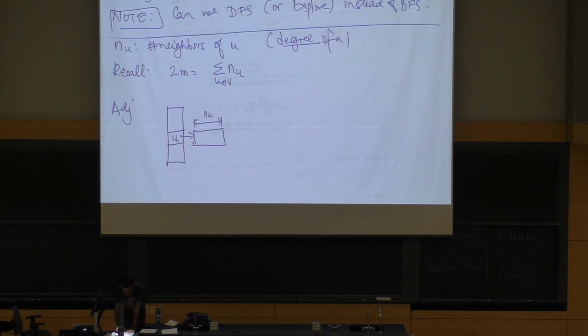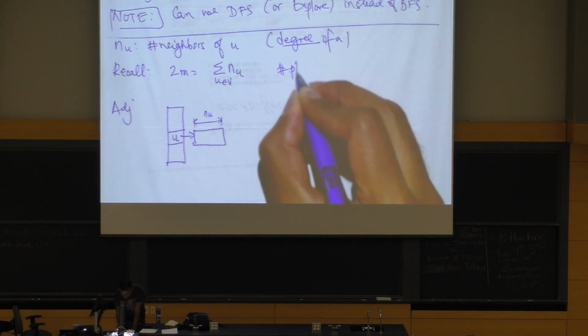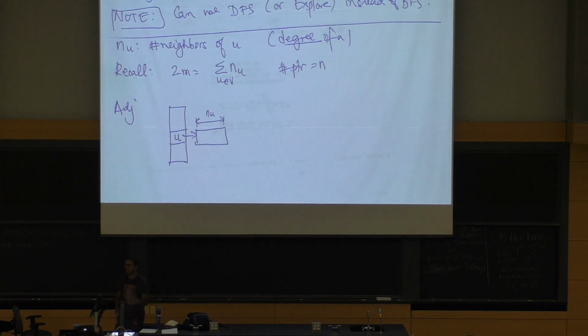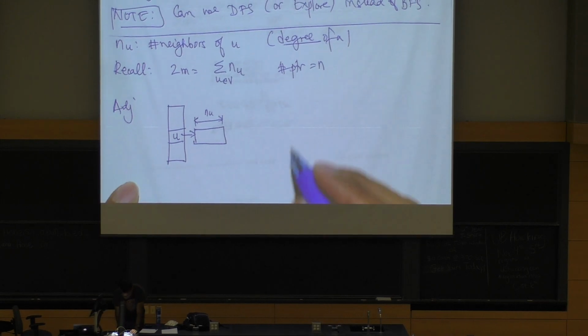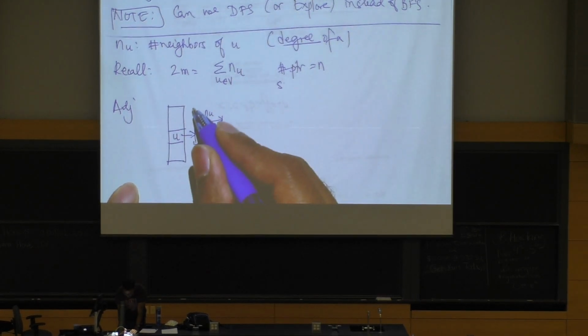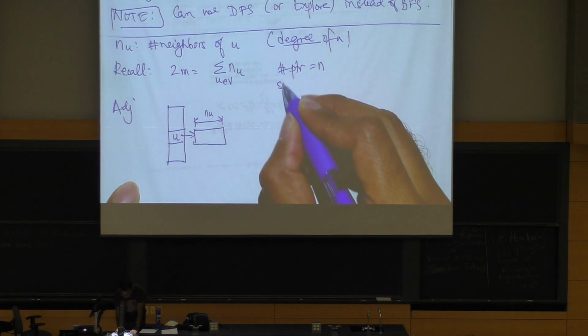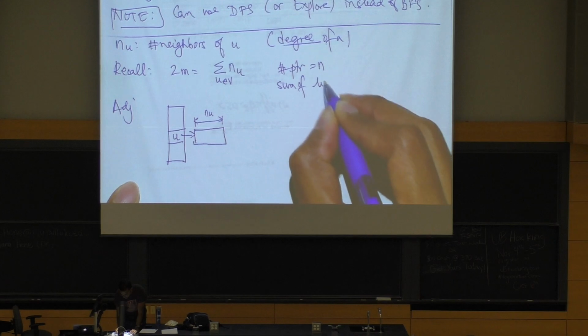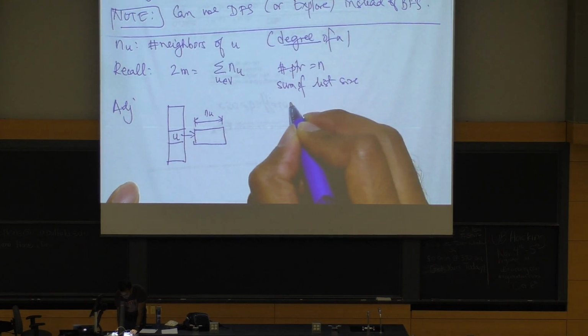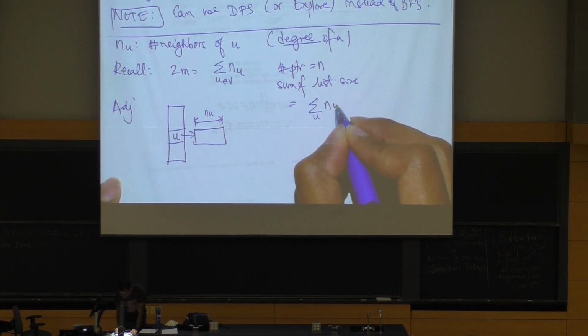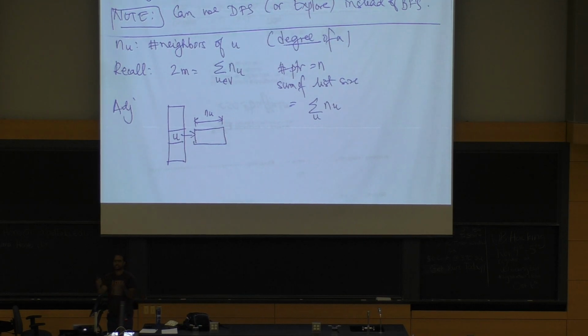Now let's look at the space. We have to store some pointers, and in particular we have n locations in the array. The only other space that you need is to store all of these lists. The sum of list sizes is the sum over u of n of u, because vertex u has a list of size n of u.